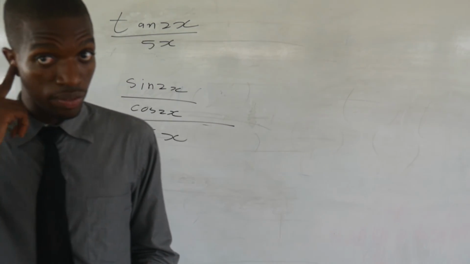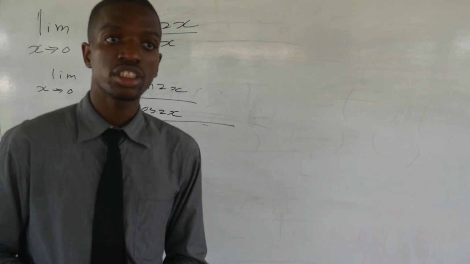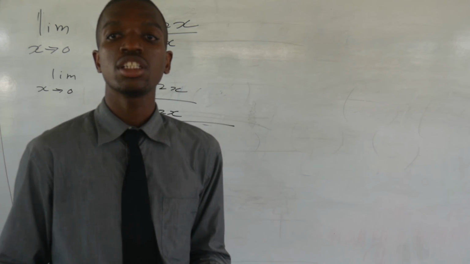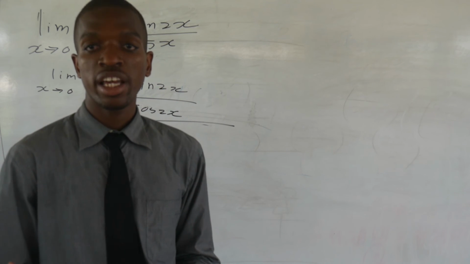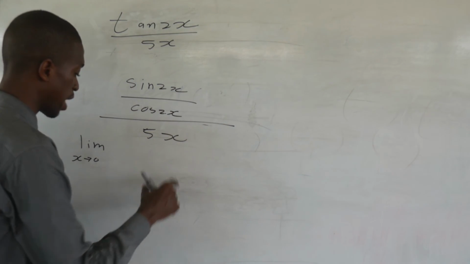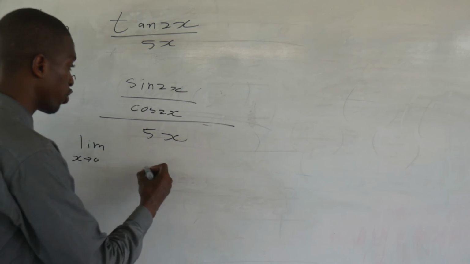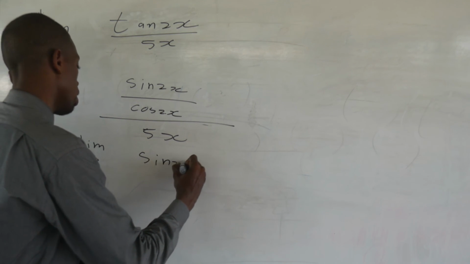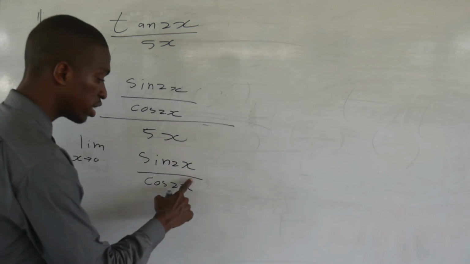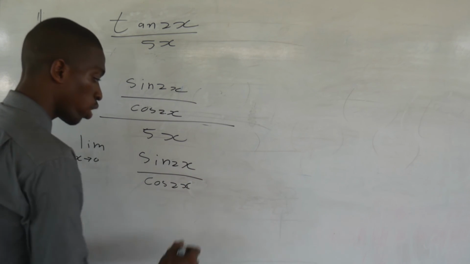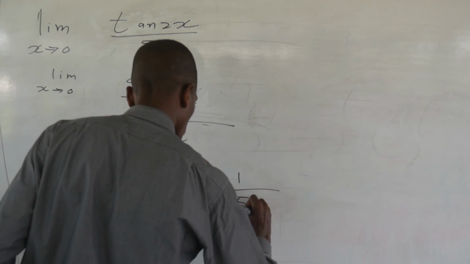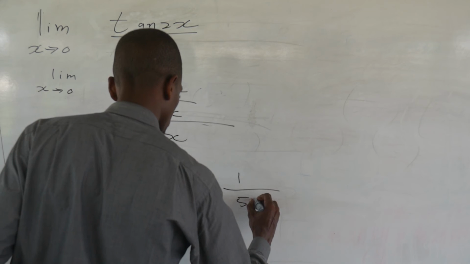And remember I said, if you're dividing by x, consider it as multiplying by the reciprocal of x. So instead of saying divided by 5x, you'd want to rewrite it as that multiplied by 1 over 5x.